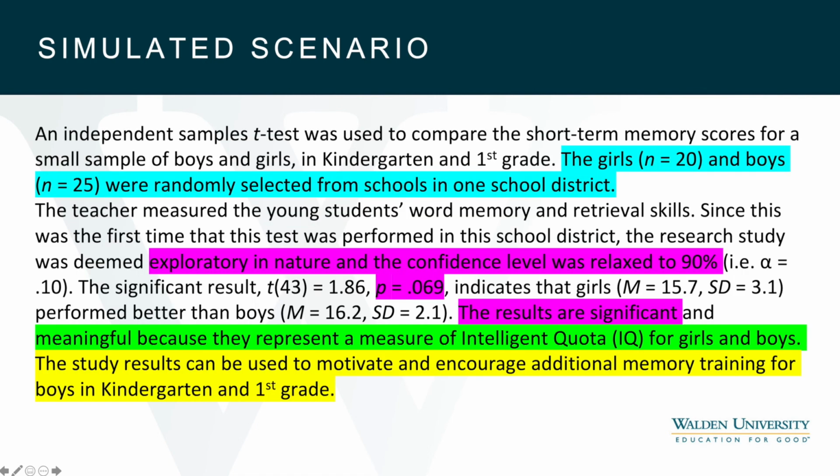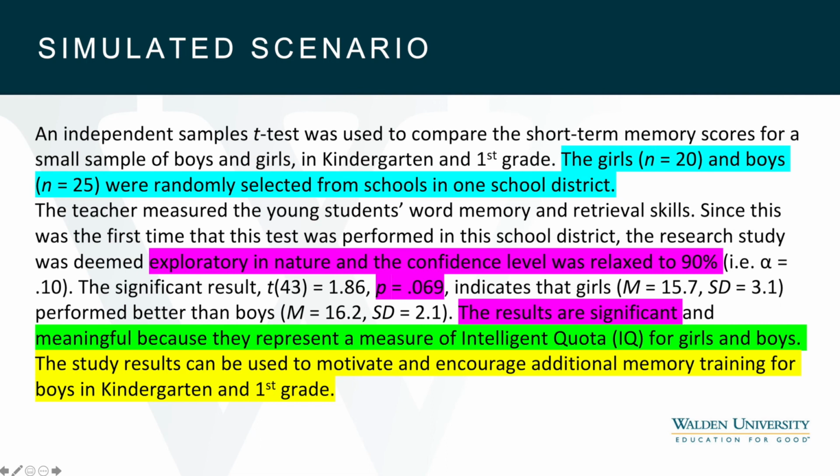I can see here that the researcher calls this exploratory in nature and uses that as a reason to relax the confidence interval to 90%, in essence, moving the bar. Just because the researcher calls it exploratory doesn't make it so. I personally think that these kinds of insights, these kinds of research studies have been done already.